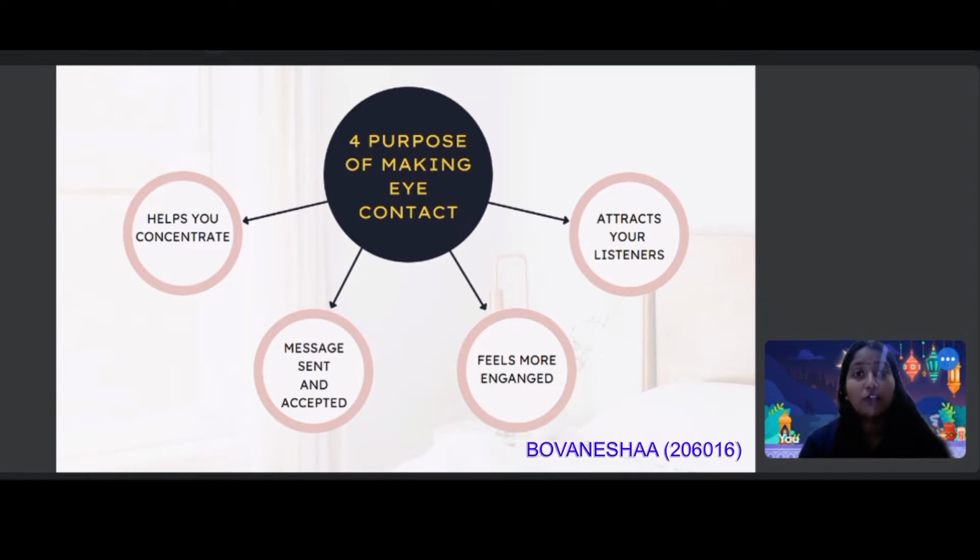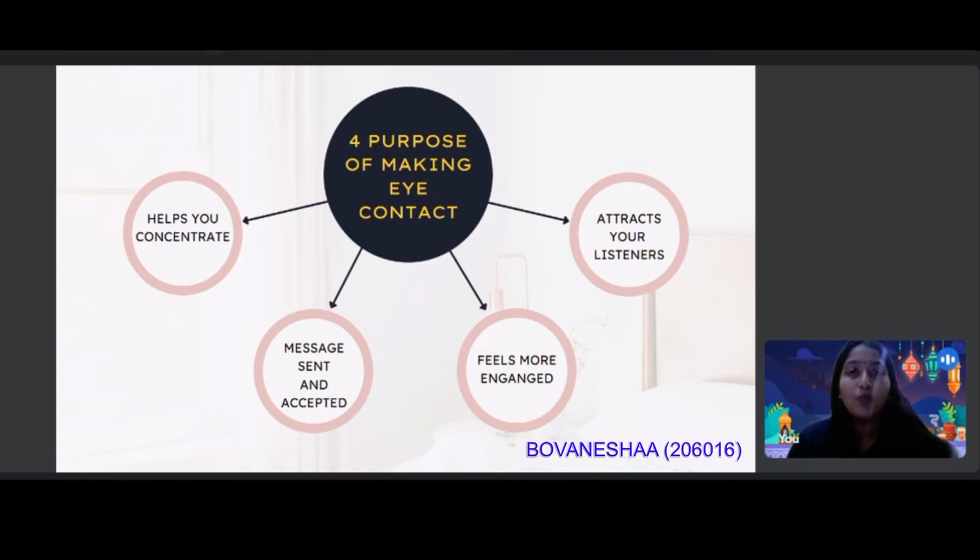Of course, when you want to tell a story or talk about something, you want people to listen to you and you want them to interact with you in two-way communication, not just you yourself talking. And the fourth one is attracting your listeners.